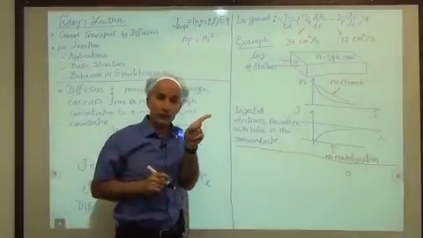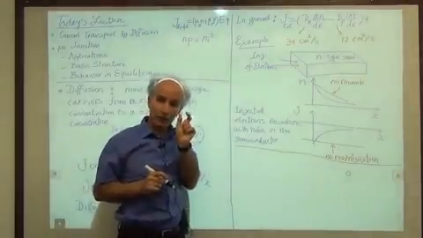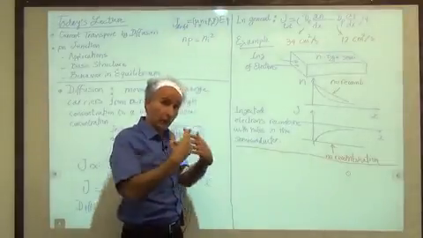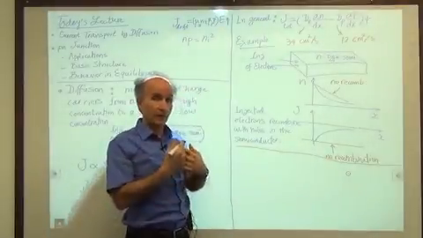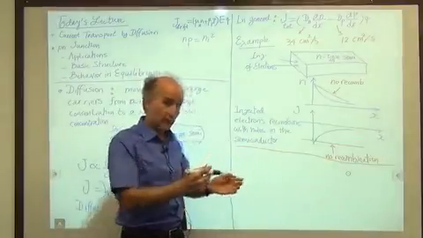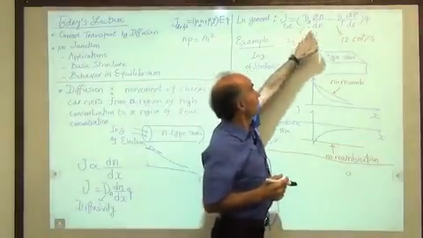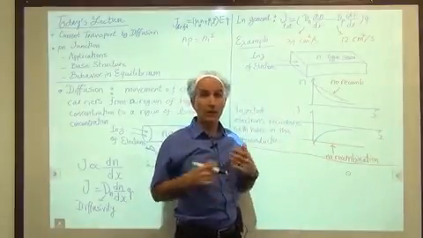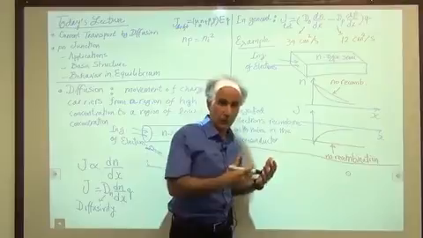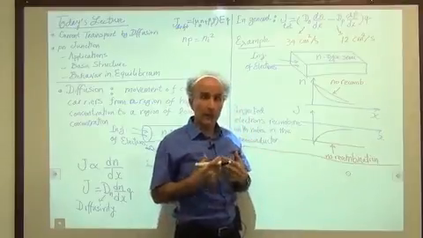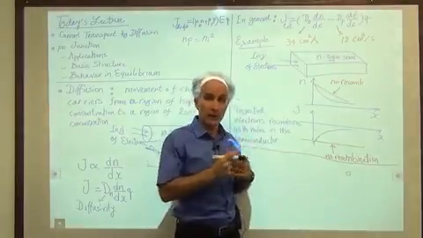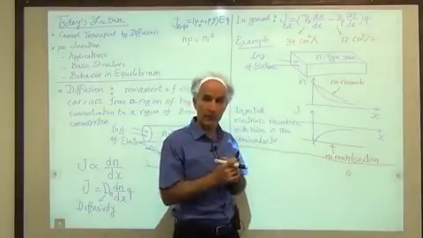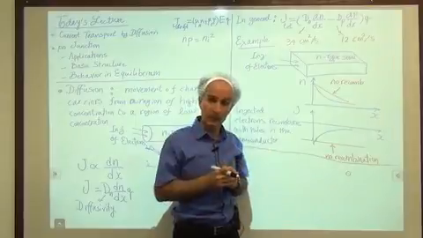So in the drift current, we have a parameter called mobility to show how mobile the electrons are in the presence of an electric field. In diffusion, we have a parameter called diffusivity that shows how willing electrons or holes are to diffuse in the case of concentration gradients.